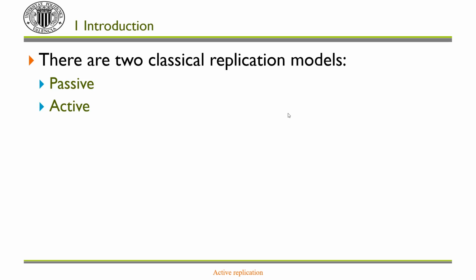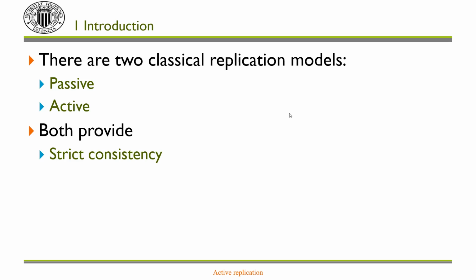On the other hand, in the active model, all replicas behave in the same way, so requests should be delivered to all the replicas, and they all will process each one of those requests and will send an answer to the corresponding client.